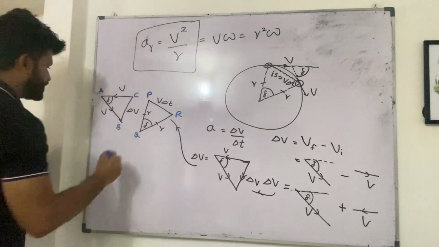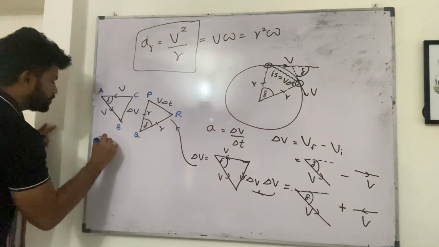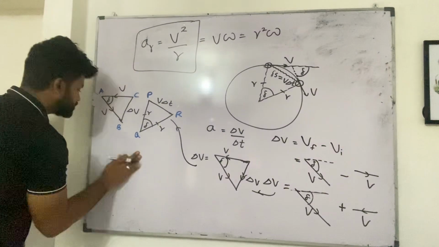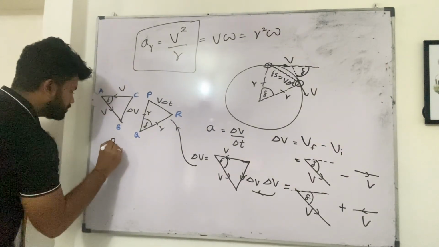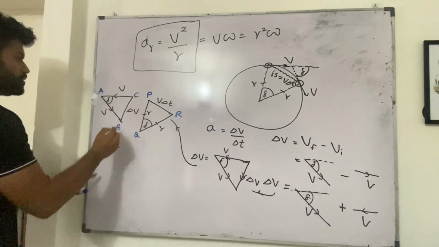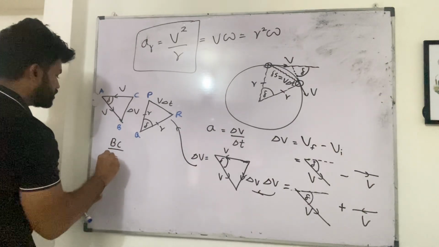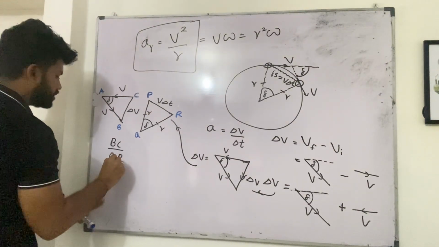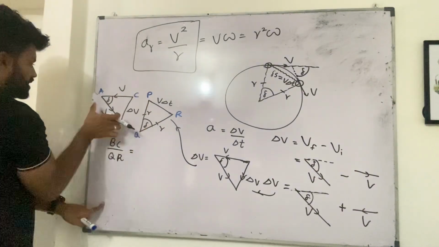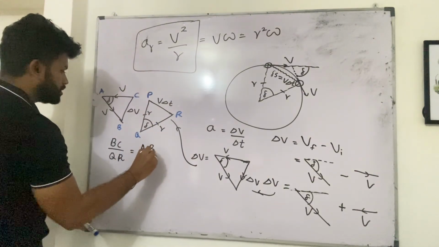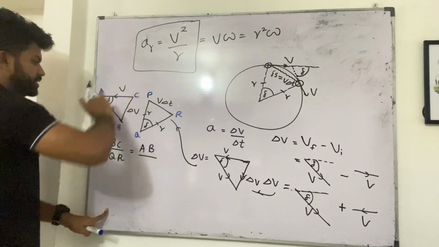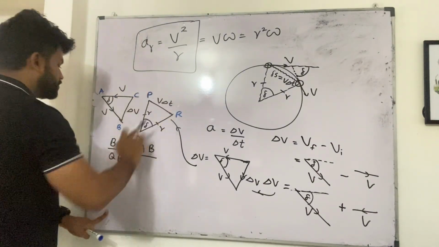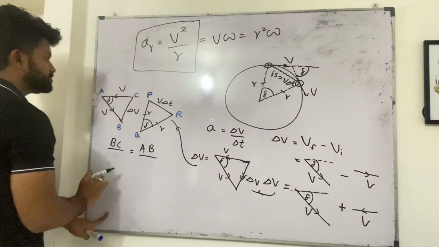So then I can say that BC over PR is equal to AB over QR. Oh, I made a mistake, sorry. BC over PR, that's a slight mistake.